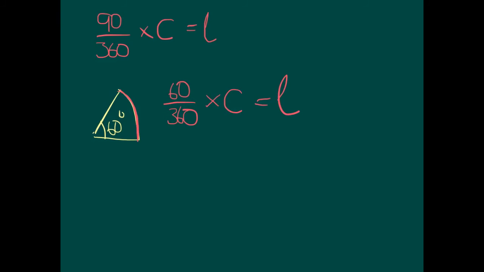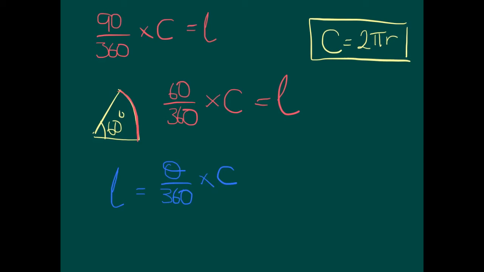If I was to write that as a formula, arc length L would be theta over 360 times my circumference. From the previous video, we figured out that circumference can be written 2 pi r. This is why I gave you that formula previously, because now we change our C to 2 pi r.